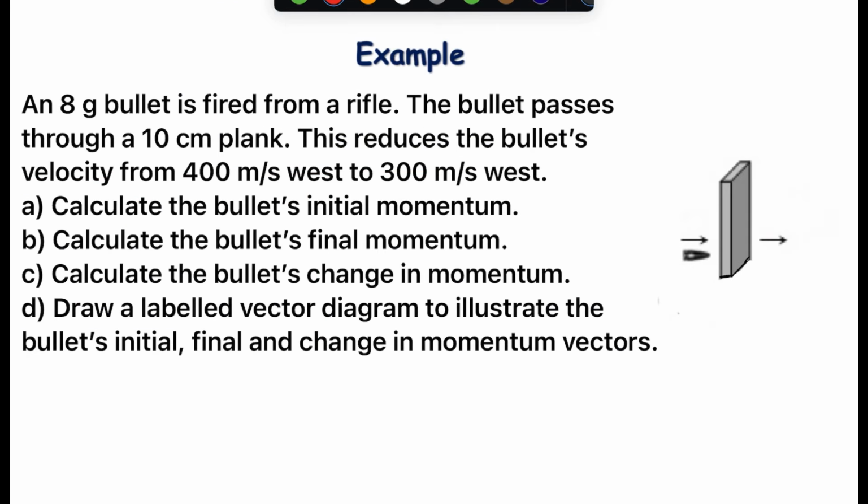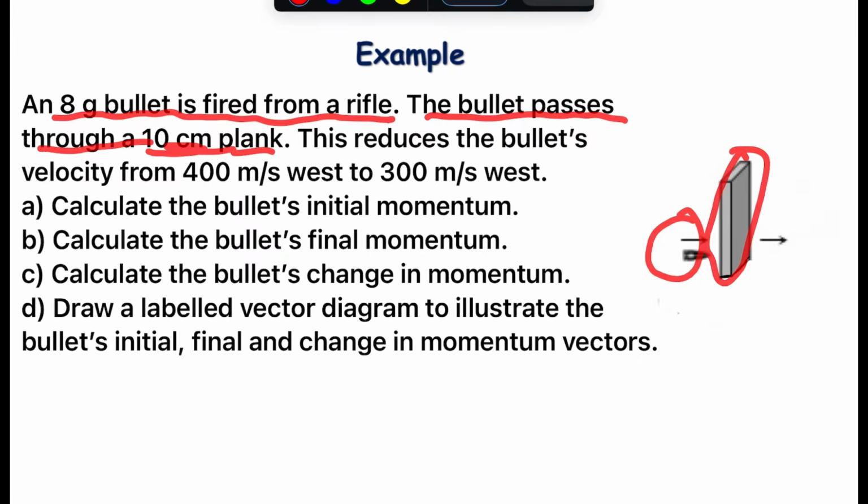Another example, an 8-gram bullet. First thing, you need to change that into kilograms. An 8-gram bullet is fired from a rifle. Here's the bullet. A bullet passes through a 10 centimeter plank. Here's the 10 centimeter plank.